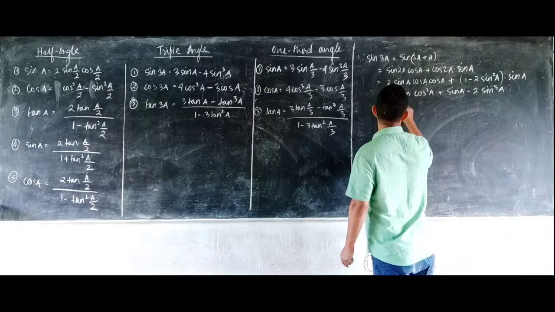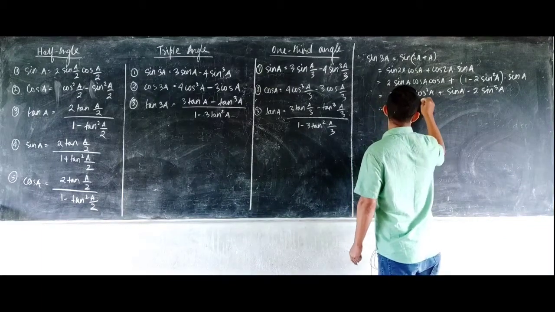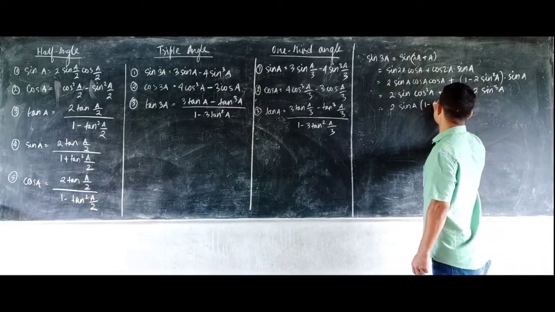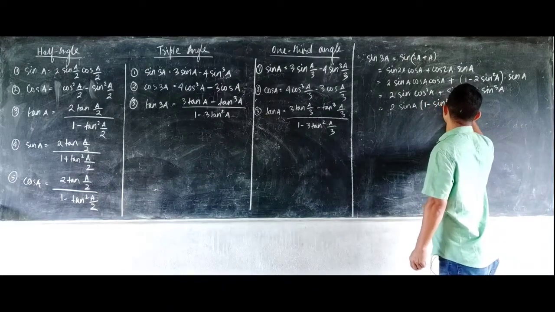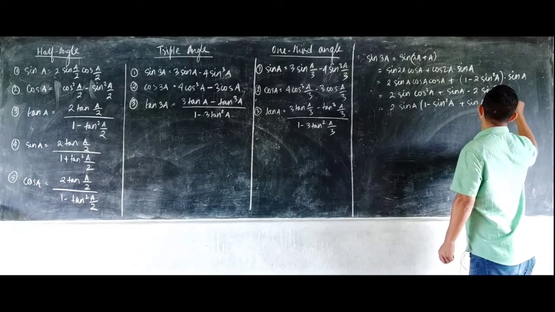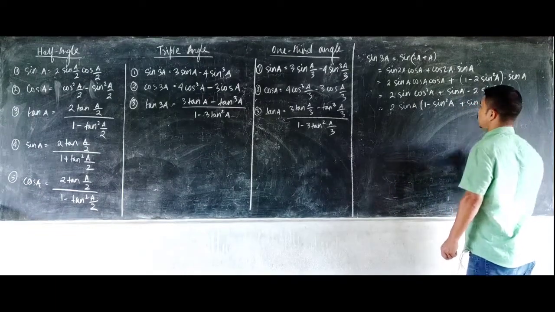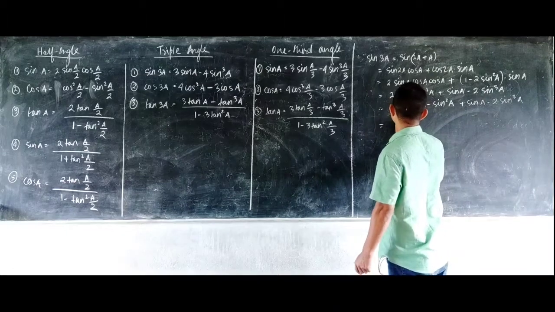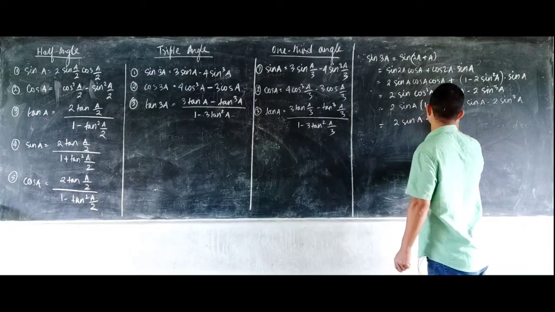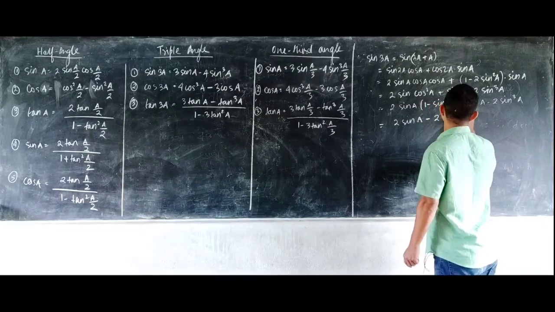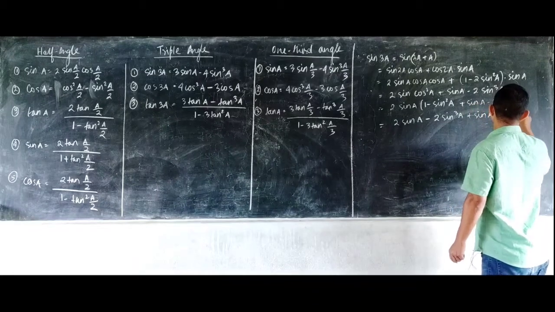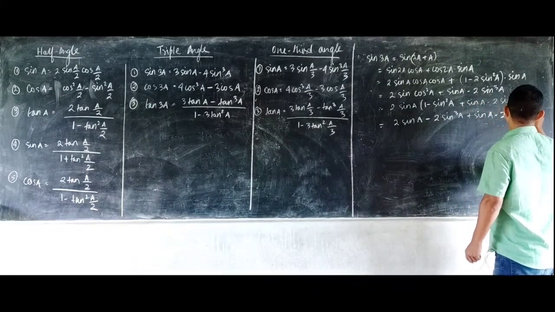Now cos square a in terms of sine is 1 minus sine square a, so 2 sine a times (1 minus sine square a) plus sine a minus 2 sine cube a. Multiplying, I get 2 sine a minus 2 sine cube a plus sine a minus 2 sine cube a.